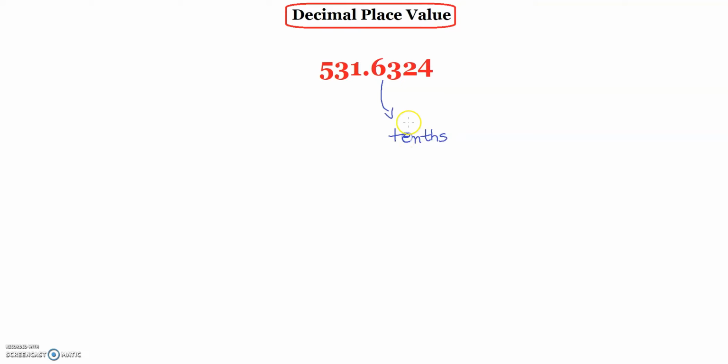The digit after is 3, which is called hundredths. Then this is called thousandths.